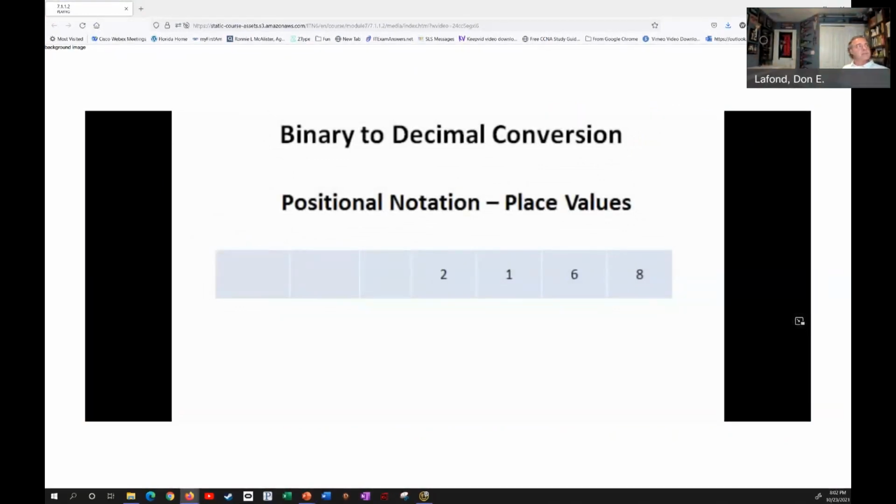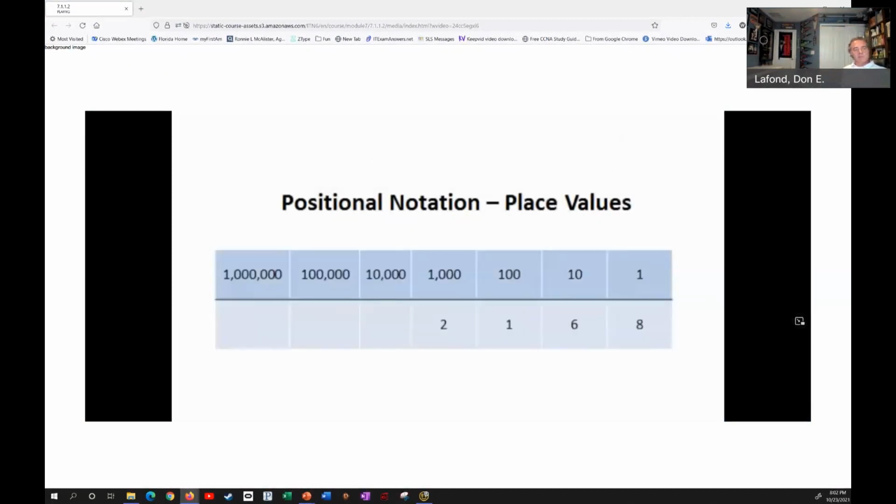I have the number 2,168 here. If we look at the place values of the number 2,168, we can see the ones place, the tens place, the hundreds place, the thousands place, 10,000, 100,000, and million. These are the place values of the base 10 decimal number system.